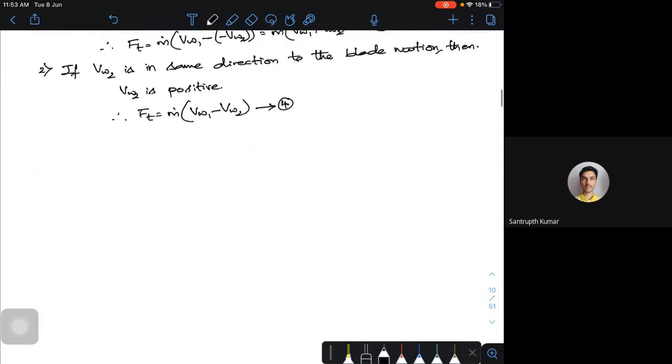For the second case, how will the velocity triangle be? Say I have a velocity like this. This is my U. Then this is my V1, and I'll be closing with Vr1. Now I'll have a case where this is smaller, like this. This will be my Vr2, and I'll close it with V2, like this.